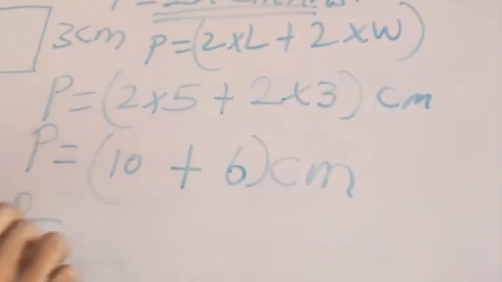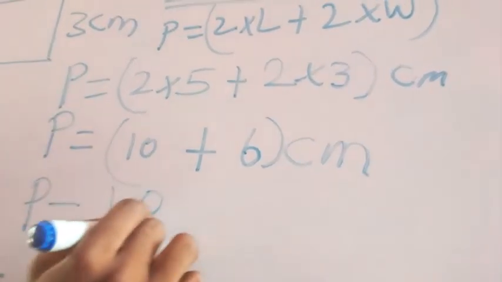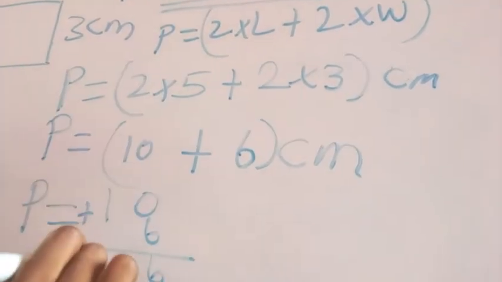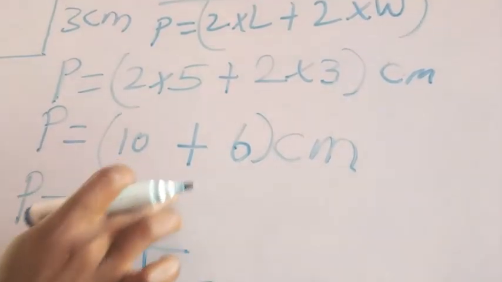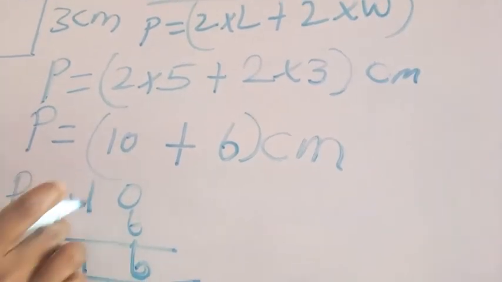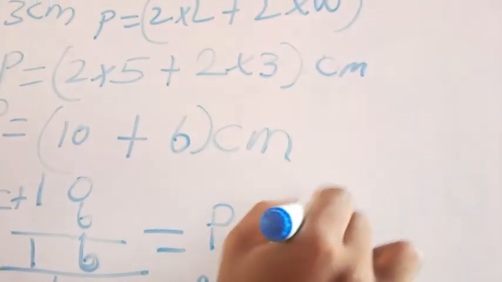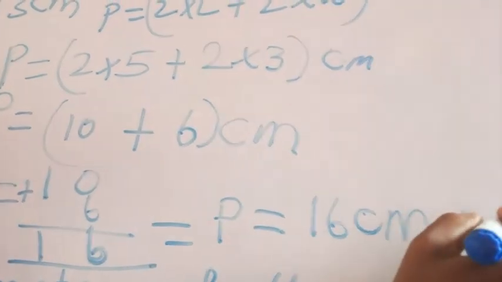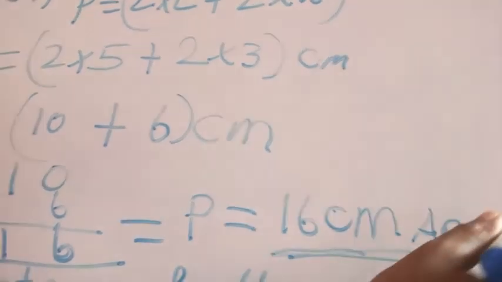So our perimeter is equal to 10 plus 6. 0 plus 6 remains 6. We bring our 1 down. So our P is equal to 16 cm. This is our final answer.